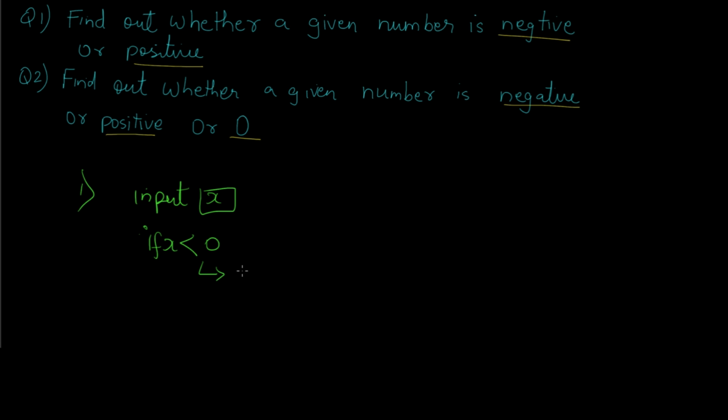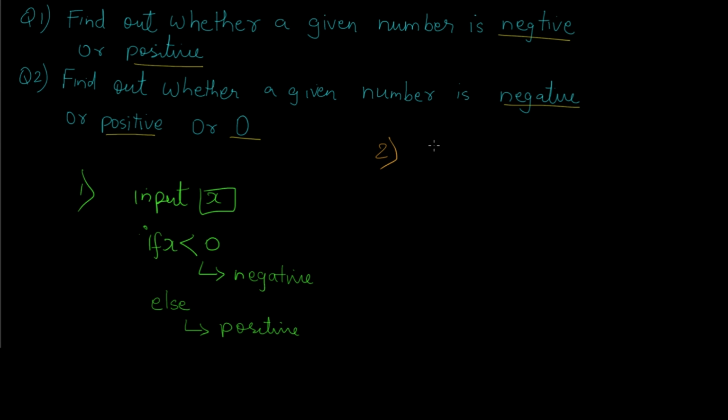Then we need to print that it is a negative number. And if it is not, it should go in another condition, that is else it is a positive number. So here there are only 2 possibilities, so we'll be using the if and else control structure.